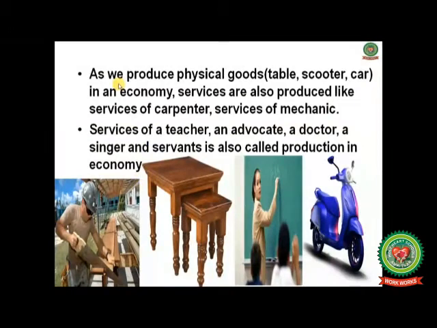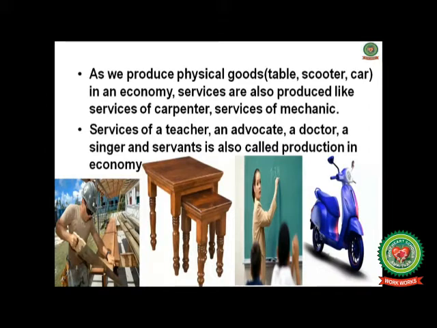Next, we produce physical goods or tangible goods that we can touch and see, like table, scooter, car, and a number of other things in your surroundings, like fan, curtains, bed sheets, furniture, doors in an economy.